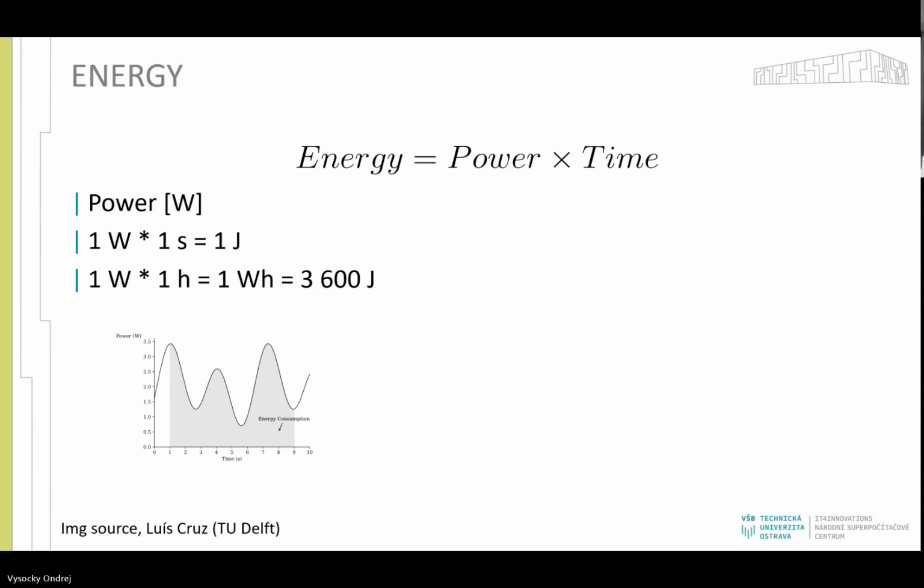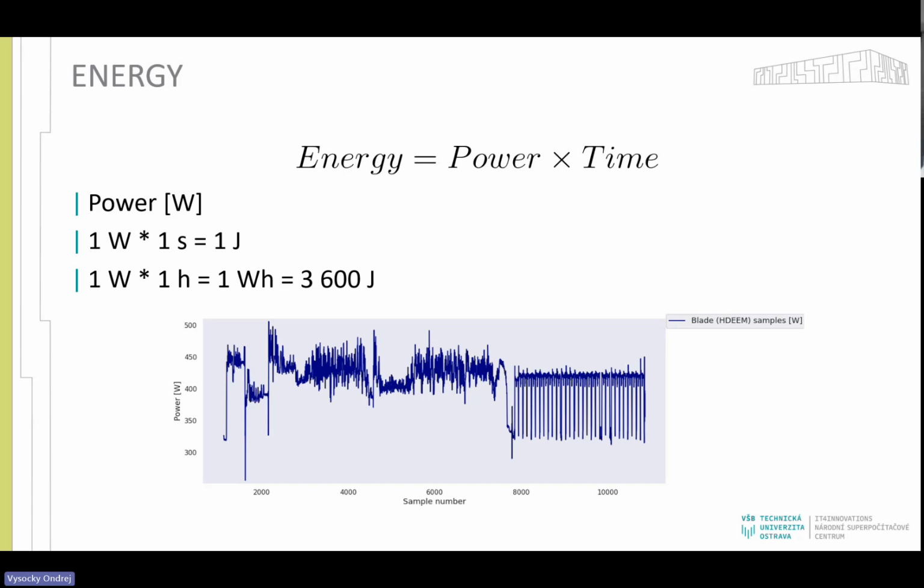Obviously, the power consumption during the time is not stable. So it's not a square where we just multiply a single power value by time. Since it goes up and down, we must take samples in time and then interpolate the value from the power samples.